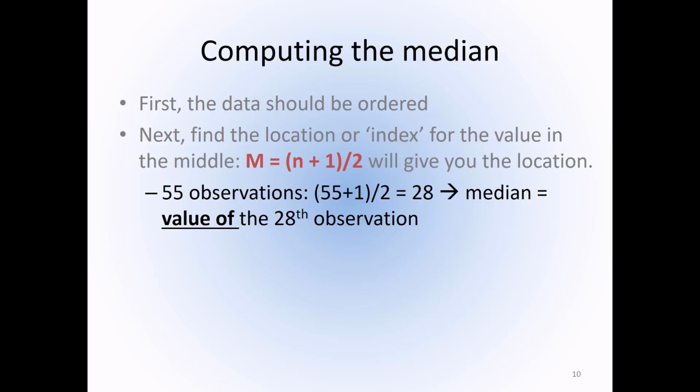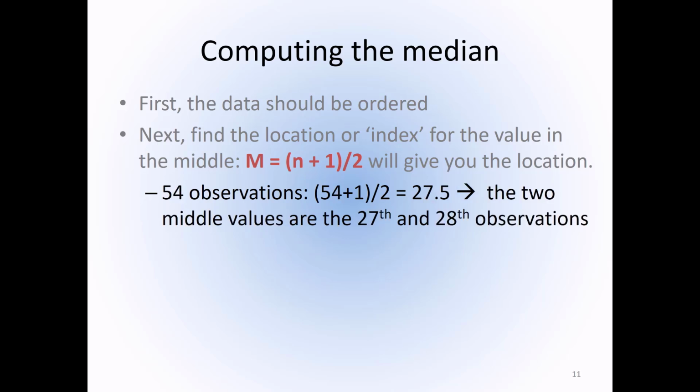So let's look at a couple examples here. If we've got 55 observations in a data set, we can use the formula and determine that the 28th observation will be the median, and the value of that observation is what we'll use to describe the central tendency of the data.